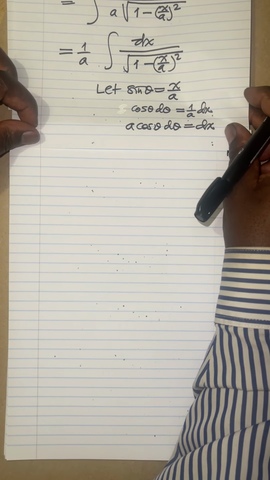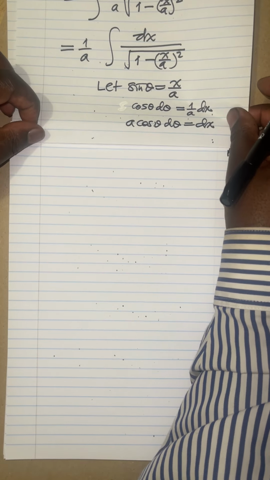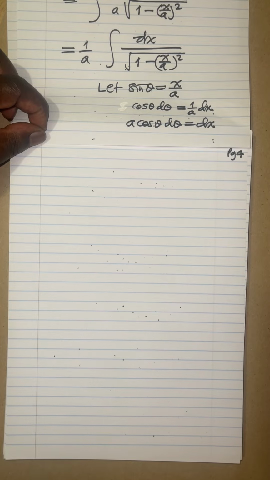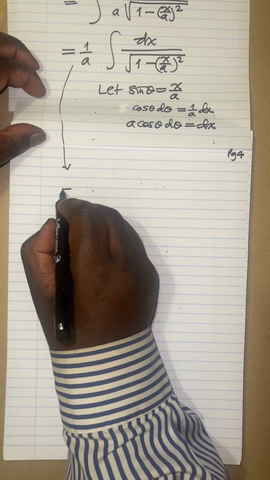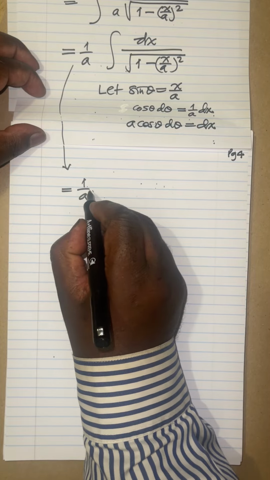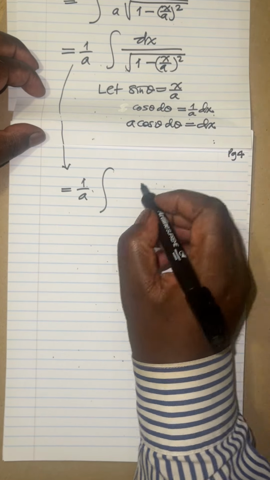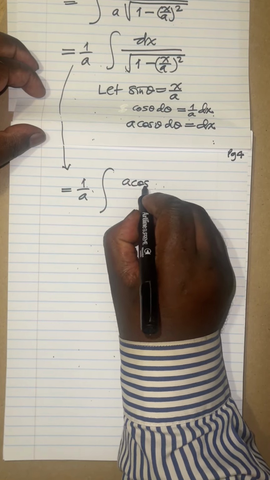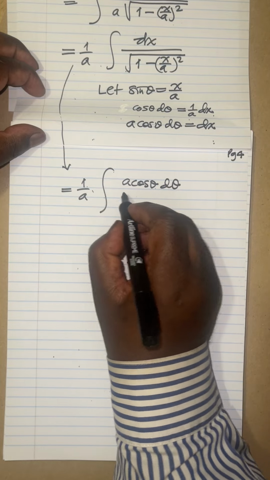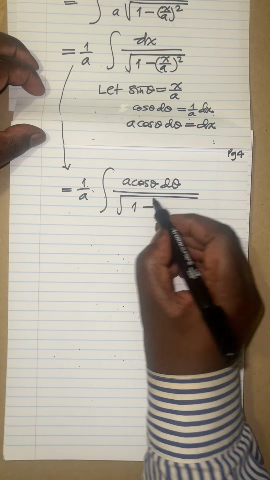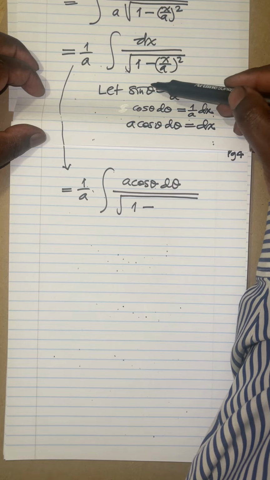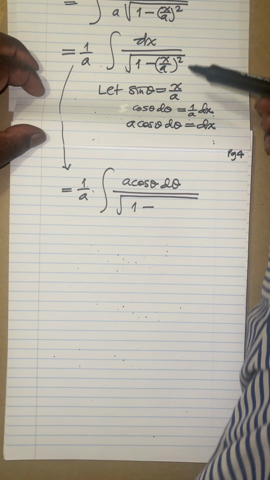Right, there you go. Now what I'm saying basically is this integral changes to 1 over a, the integral of, instead of dx, a cos theta d theta all over the square root of 1 minus, remember, in place of x over a, put sine theta, which has to be squared.